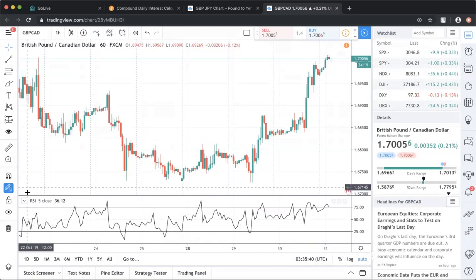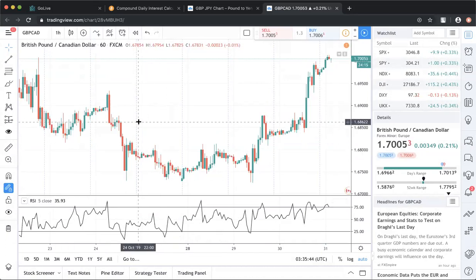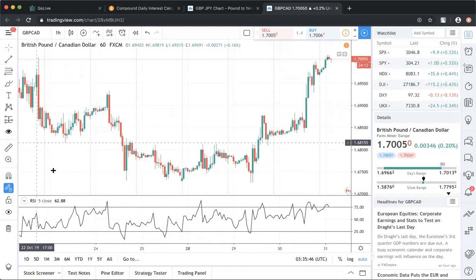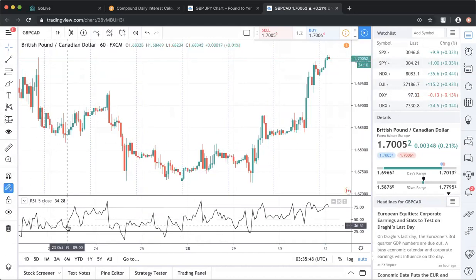Now, you can select a different period length, similar to the moving average. You could do a 4 or a 5 or a 6, whatever. Preferably for myself, I use a 5 period RSI.